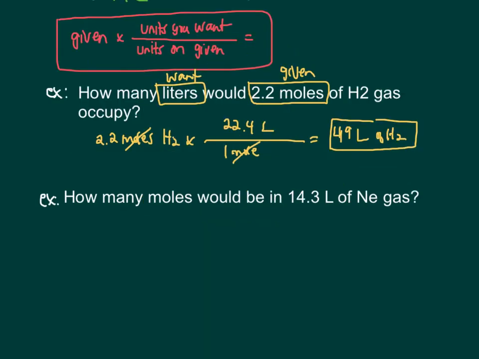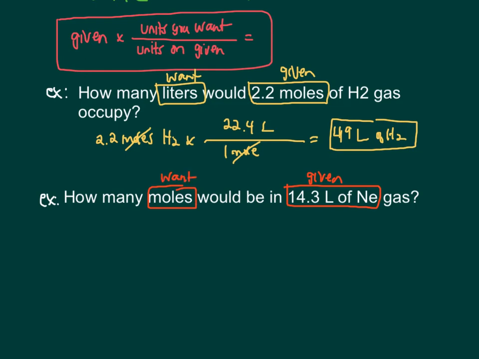All right, let's do another example. In this example, I'm asking for the number of moles in 14.3 liters of neon gas. So here is what I am given, and here's what I'm asked to find.